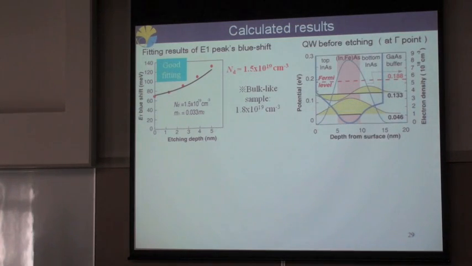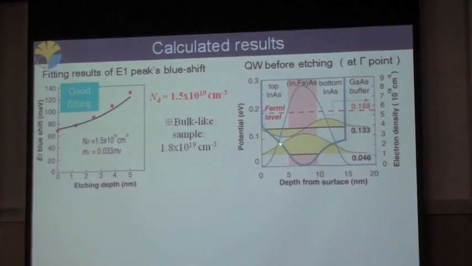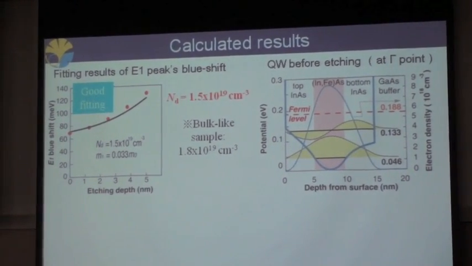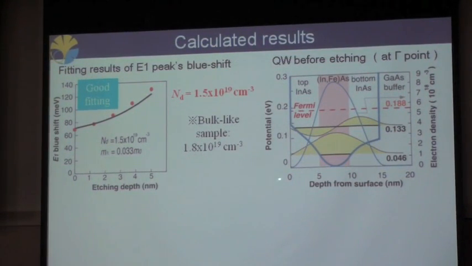And this is the calculated result. Before etching, we have this type of quantum well potential. The first subband and second subband are filled by electrons, and the Fermi level position is here. Here is the electron distribution adding these two subbands.